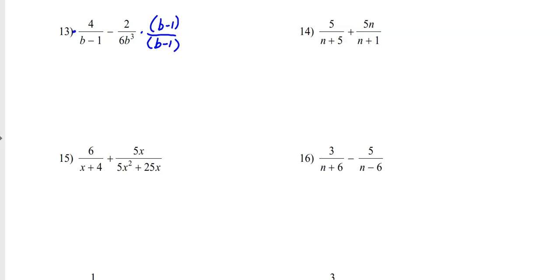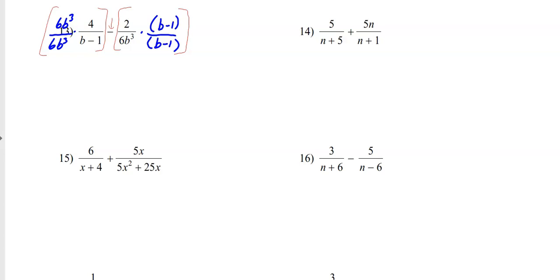I'm going to multiply the left side by 6b to the third over itself. And let's just do this piece, and then we'll do this piece. And then I do have to be aware of distributing a negative through the side over there. So that'll change things up a little bit.